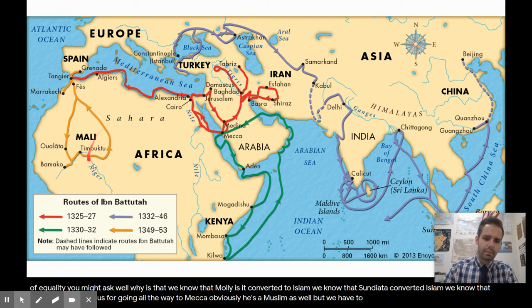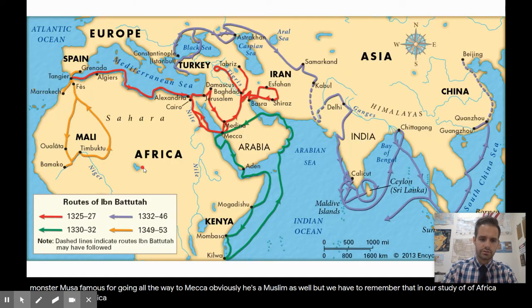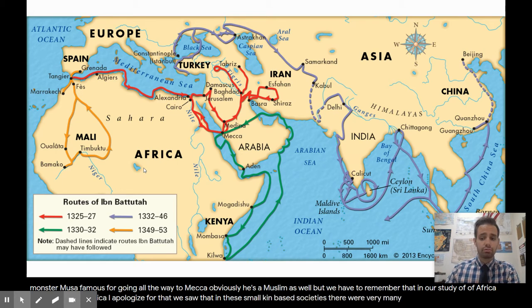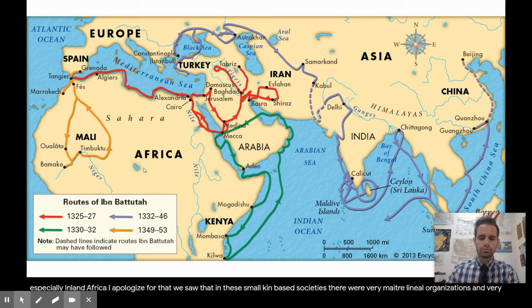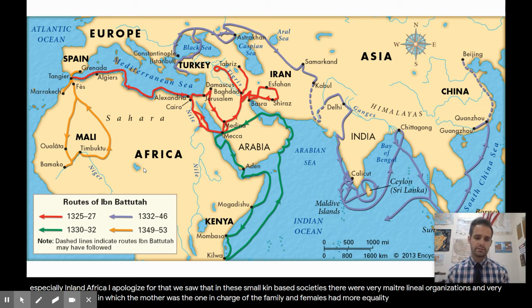But we have to remember that in our study of Africa, especially inland Africa, we saw that in these small kin-based societies, there were very matrilineal organizations and a very matrilineal culture in which the mother was the one in charge of the family, and females had more equality to males.